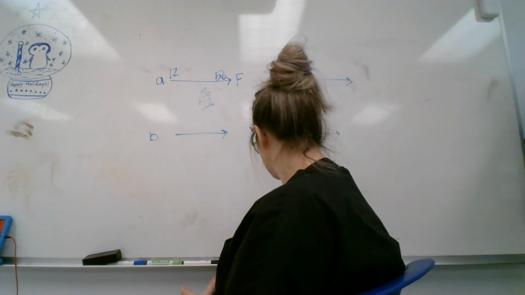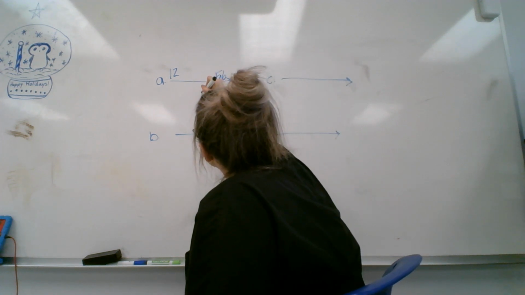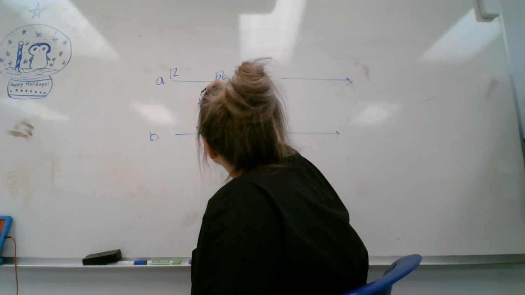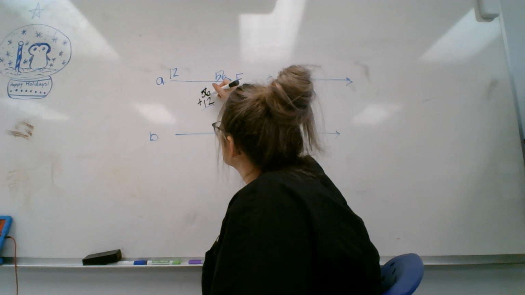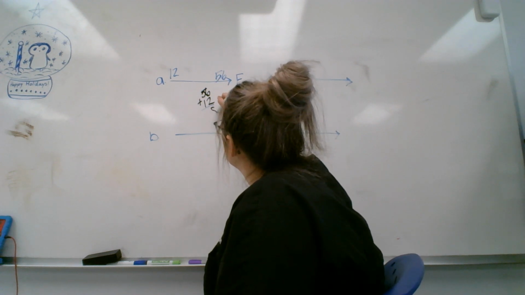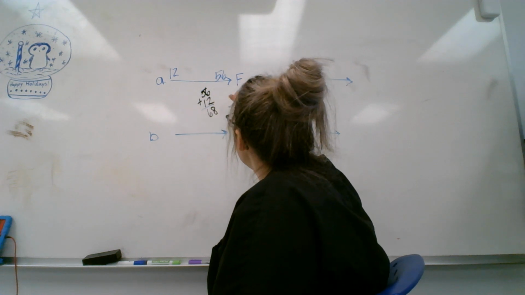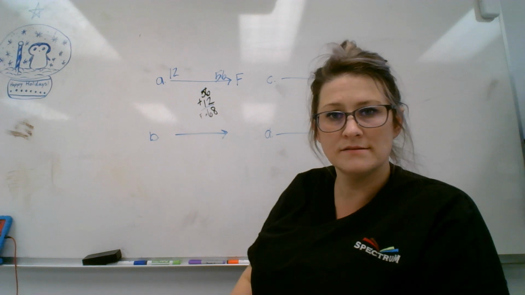I'll change colors. 56 plus 12. First column, 6 plus 2, 6, 7, 8. Next column, 5 plus 1 is 6. So F is equal to 68.